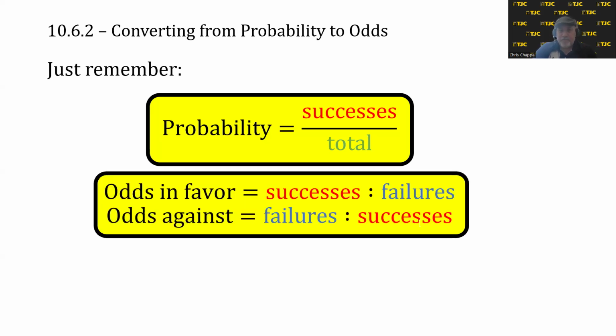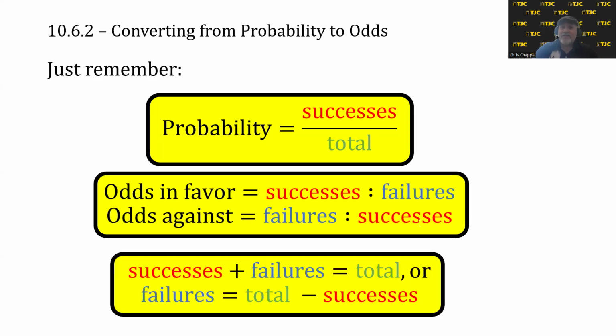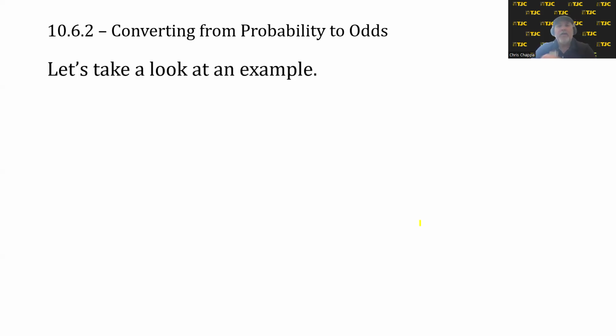Odds in favor of is ratio of successes to failures. Odds against is ratio of failures to successes. But regardless of which one we're building, we need to know the number of failures. And successes plus failures is equal to the total number of outcomes, or failures is the total number of outcomes minus the successes. Let's take a look at a quick example.